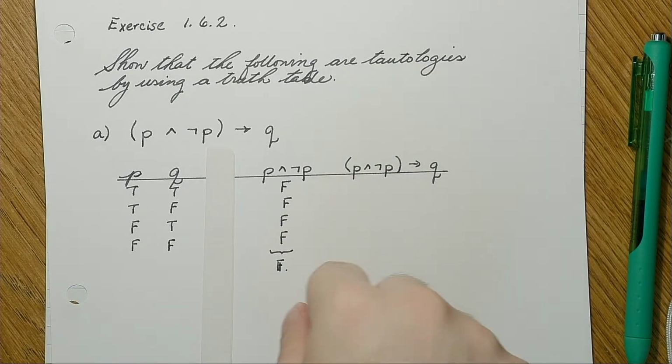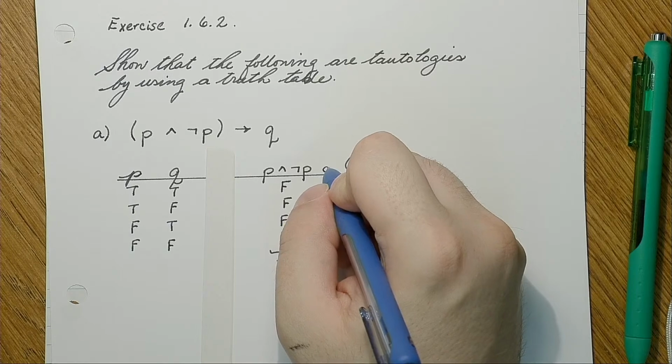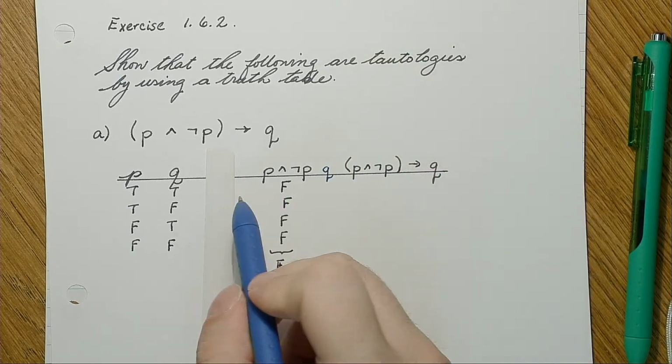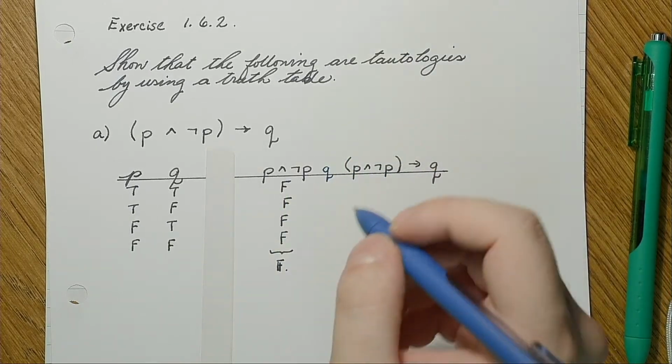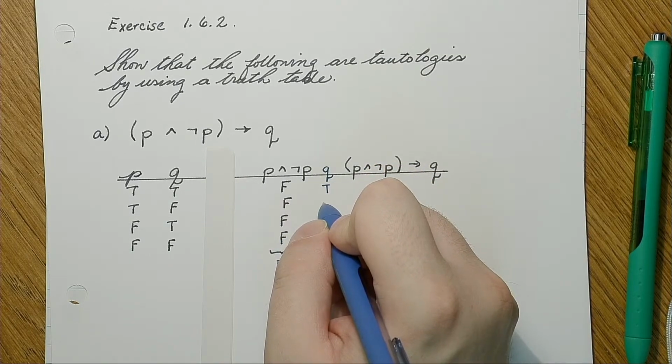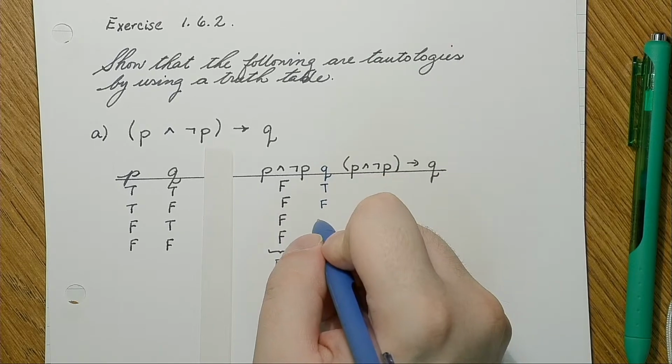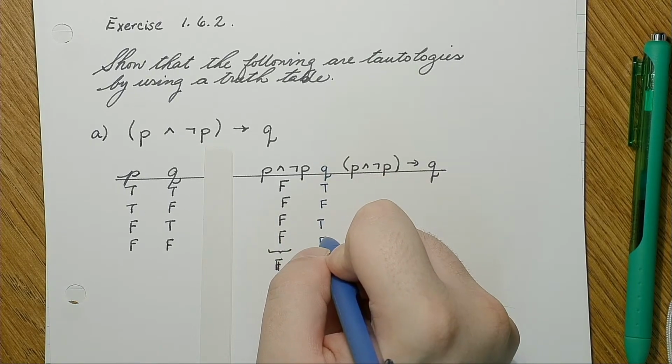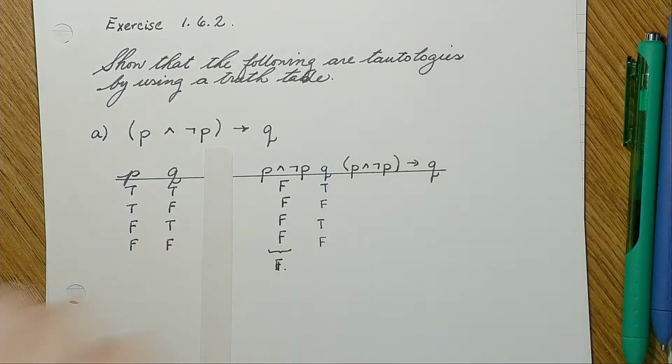I will write the Q over on this side as well. So I'll just copy that out. It's really important which direction, because again, it's an arrow. The direction matters. So I'll just copy these out just over there. And then I can do the implication.